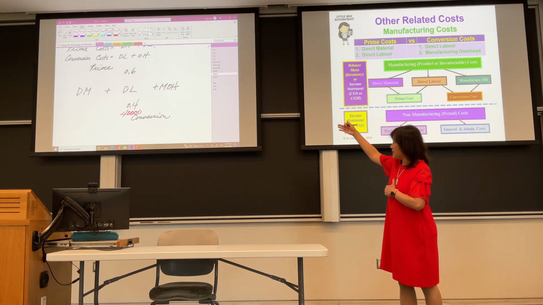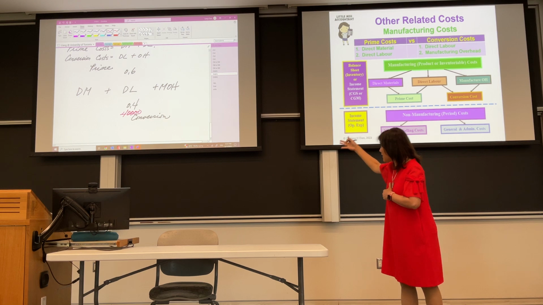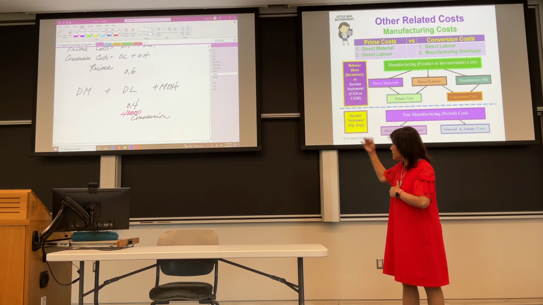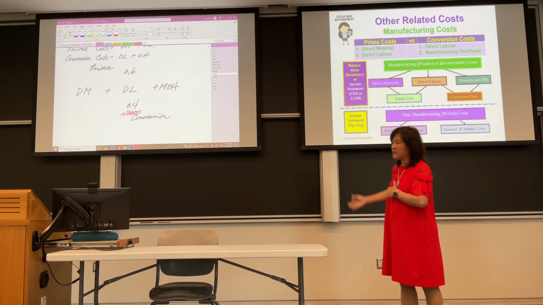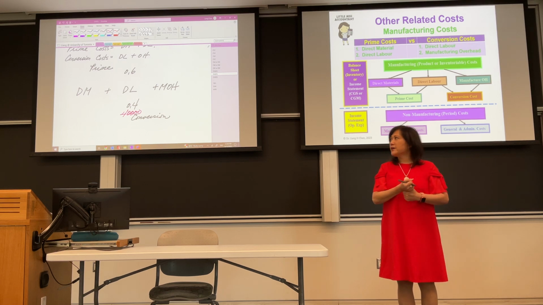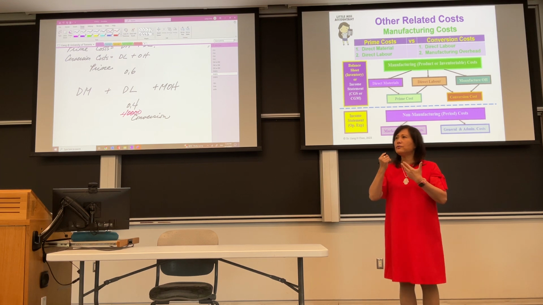Okay? Now I'm asking you, I just gave you this information, okay? Direct labor represents 60% of prime cost, also represents 40% of the conversion cost. But I also tell you direct labor is $40,000. I want you to figure out direct material cost, overhead cost, and total cost. Will you be able to figure it out?